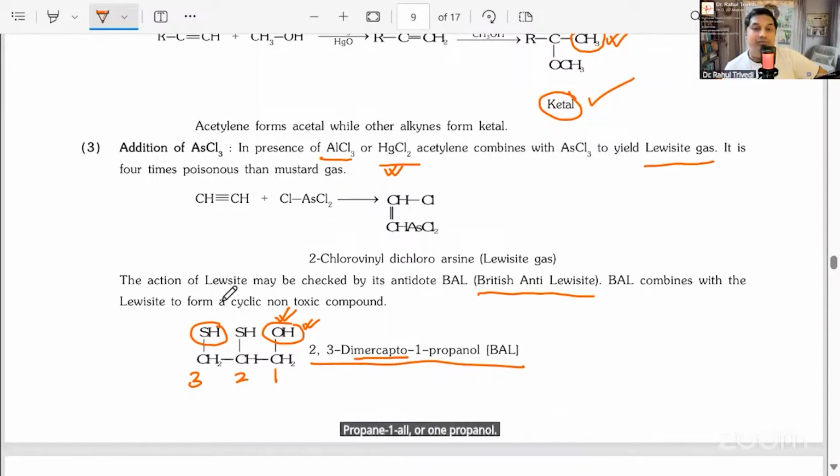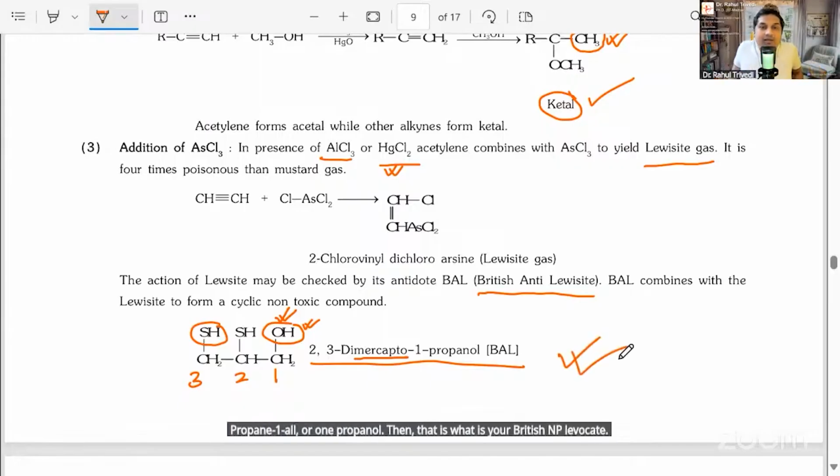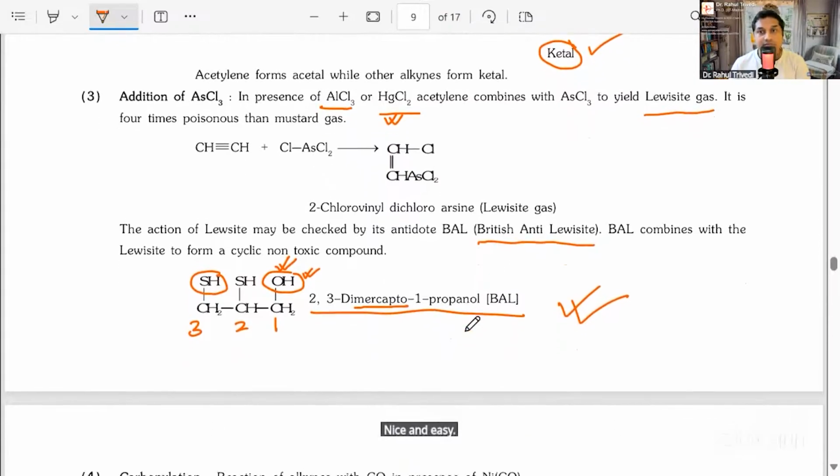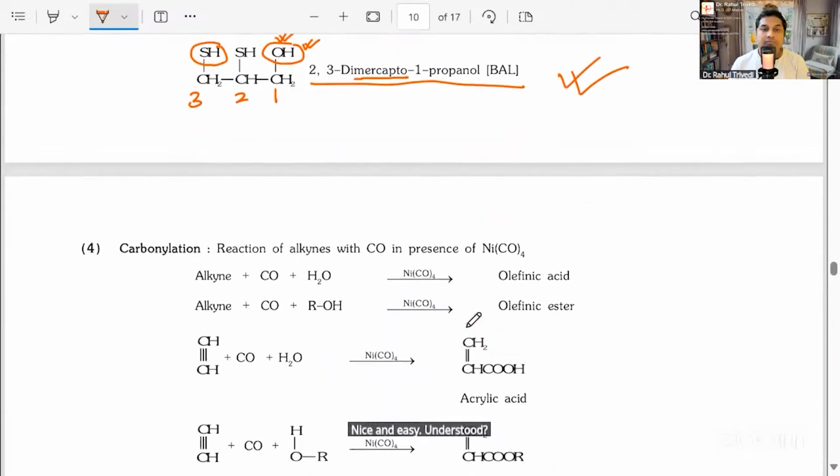Done. That is your British anti-lewisite, which when it reacts with this fellow will break this double bond, causing a 5-membered cyclic non-toxic compound to form. Nice and easy. Understood? Okay, fine.